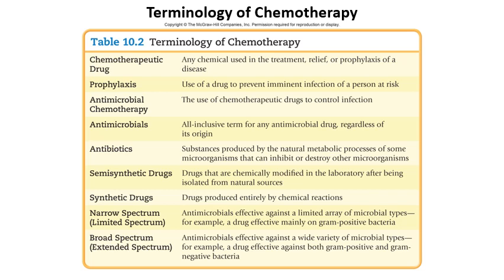And then the terms broad and narrow spectrum refer to how widely these particular drugs can be used among microbes. So if they can be used among multiple different types of microbes, then we would refer to them as broad spectrum. If they can only be used in a limited number of species, then we would refer to that as narrow spectrum.